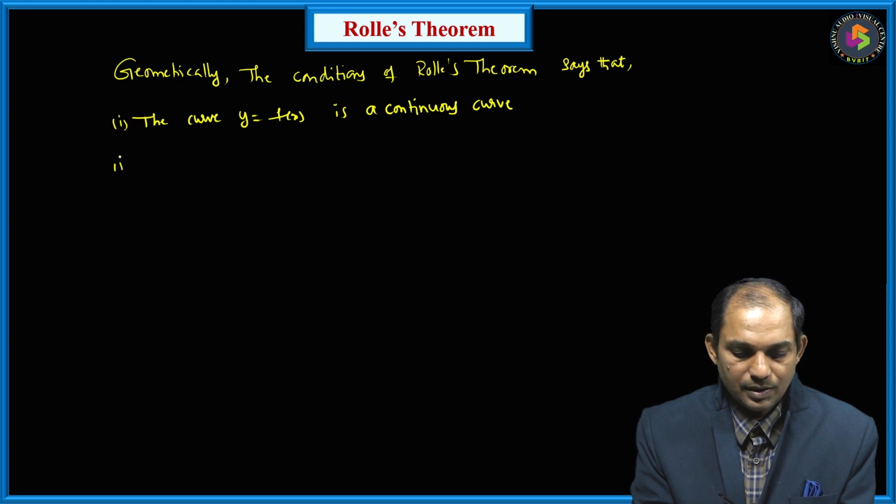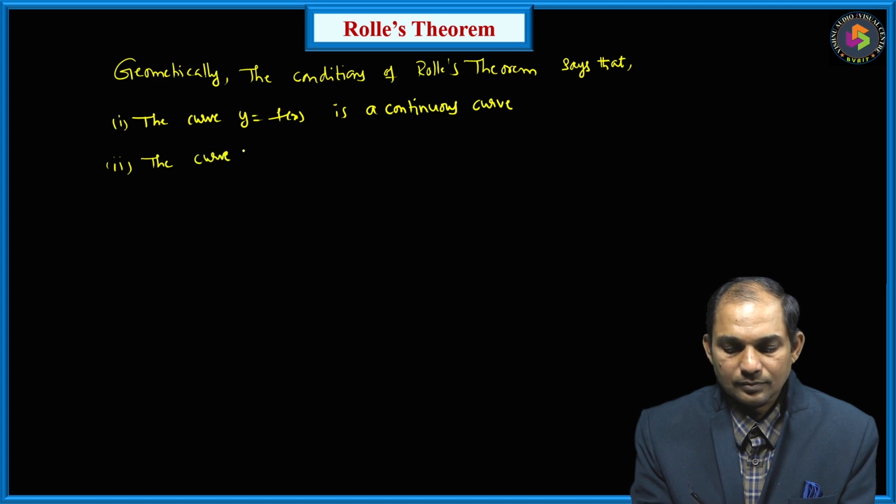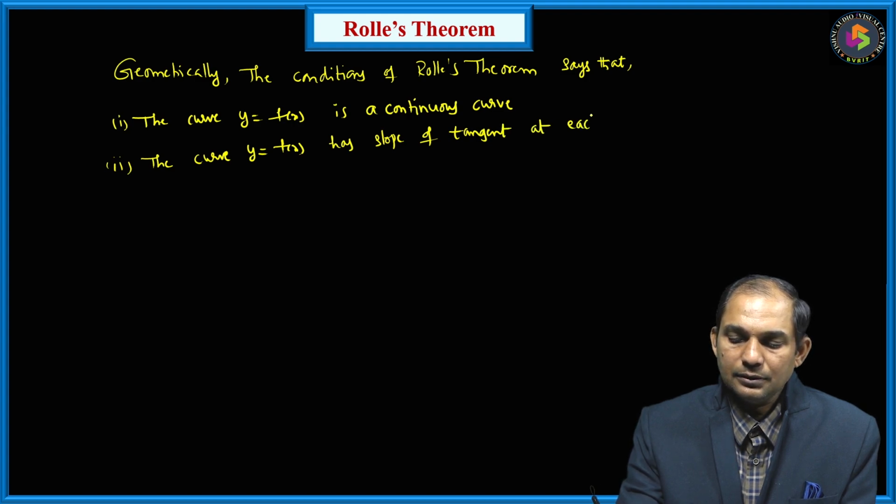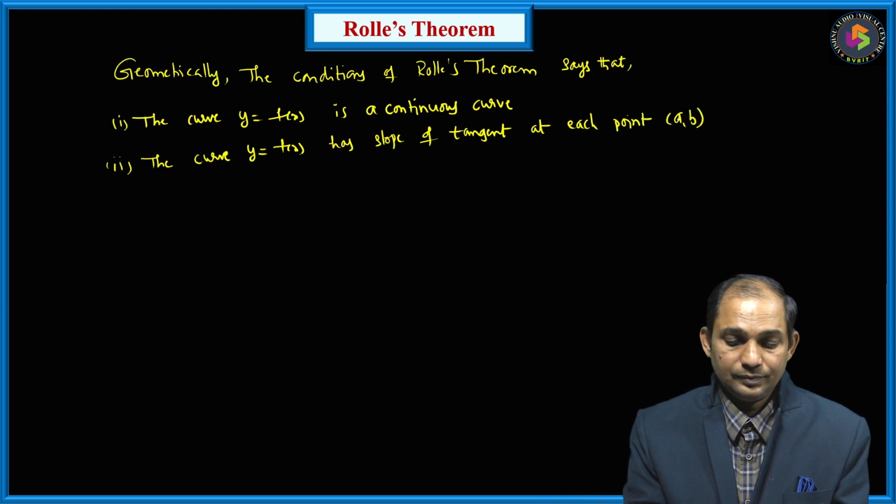And the second condition means that the curve y is equal to f of x has a slope of tangent at each point in the open interval a comma b.